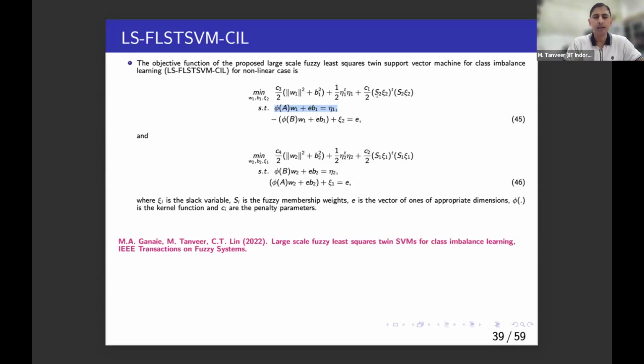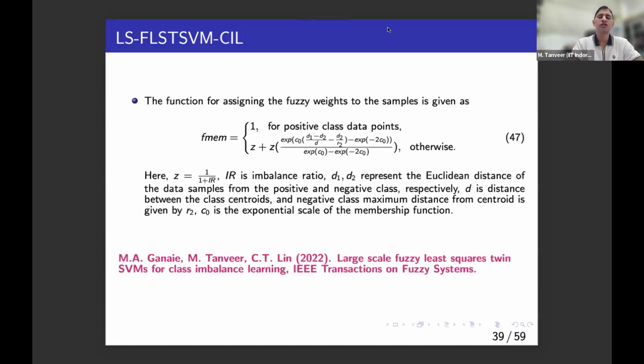And how do we do that? For the fuzzy membership function for the positive class data points, we simply say the fuzzy membership is 1. For negative class samples, we write it in terms of Z, where Z is nothing but 1 upon 1 plus IR, and IR is the imbalance ratio.